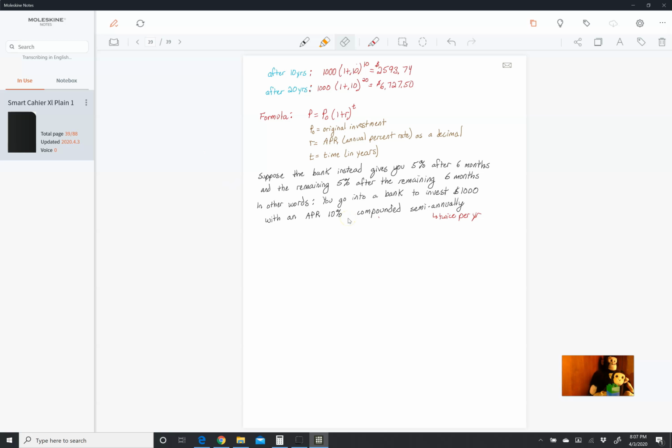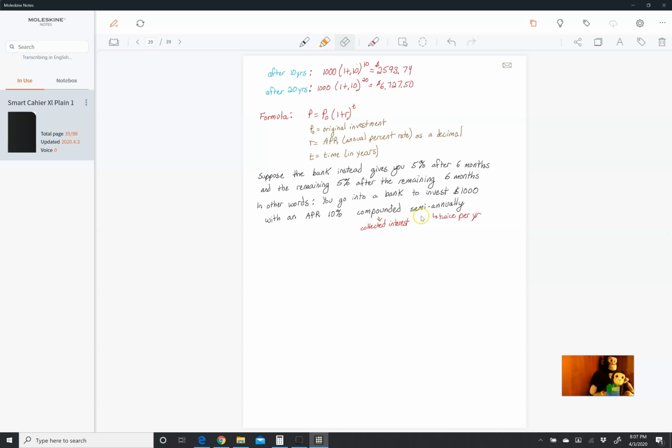Compounded is just a fancy way of saying collect interest. So you're getting 10% over the course of the year, but you're getting it twice. You're getting half of it after the first 6 months, half of it after the second 6 months.